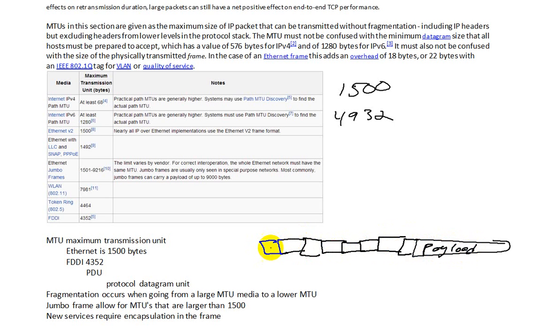What this basically means is for every additional service and every additional layer that this guy has to go through, every one of these is going to get filled with something.